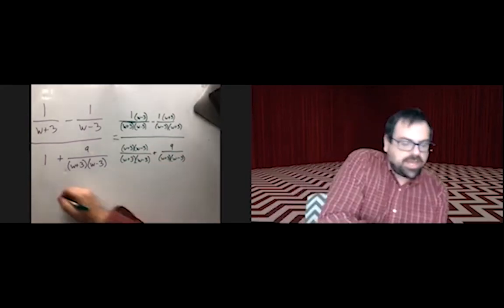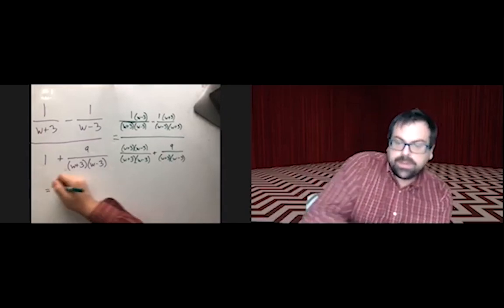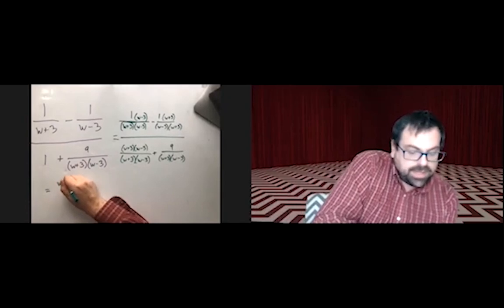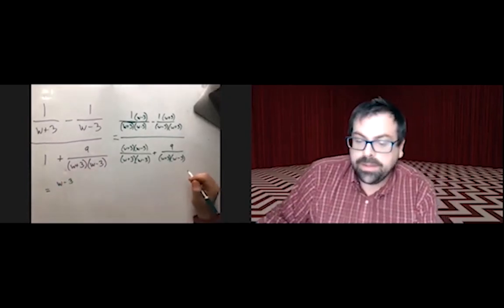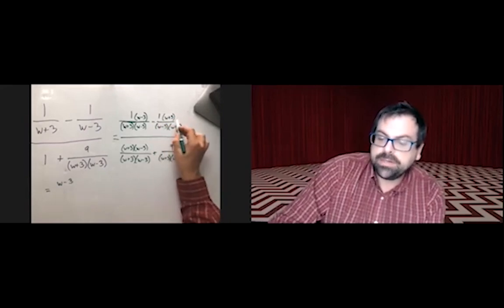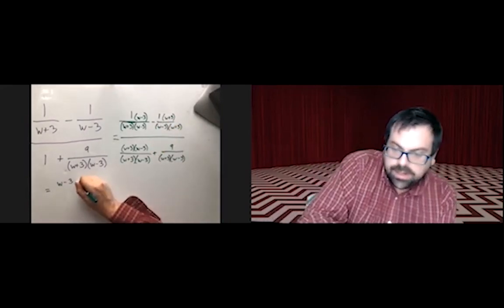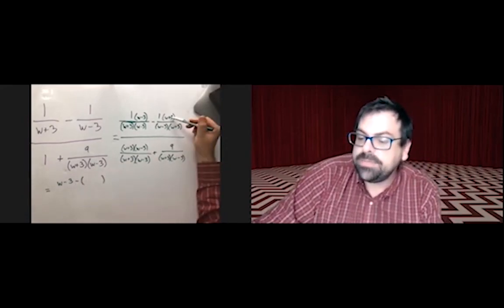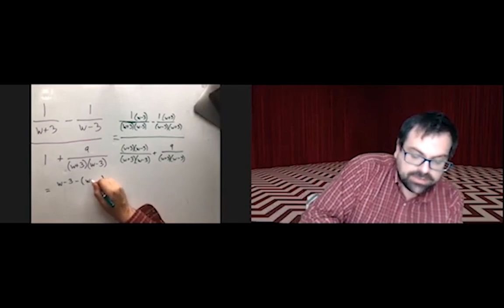If we simplify the top some more, 1 times w minus 3 is w minus 3 minus this entire numerator, minus the entire 1 times w plus 3 is w plus 3.